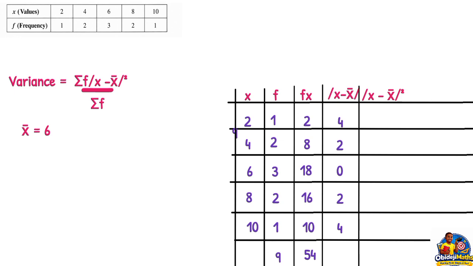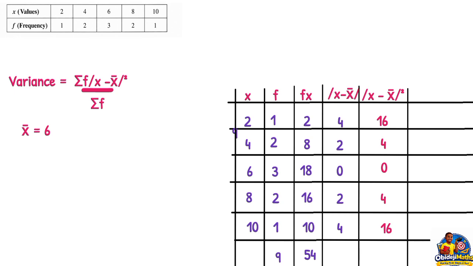Next thing is to find the square of x minus mean. You find the square of each of them one by one. 4 squared is 16, 2 squared is 4, 0 squared is 0, 2 squared is 4, and lastly 4 squared is 16. That is the square of x minus mean.